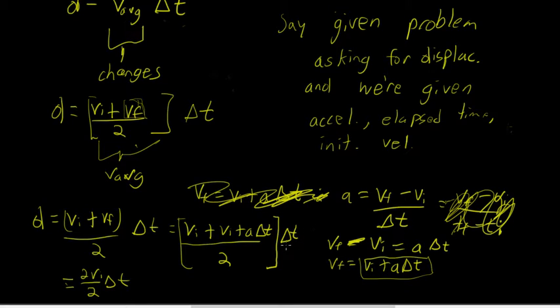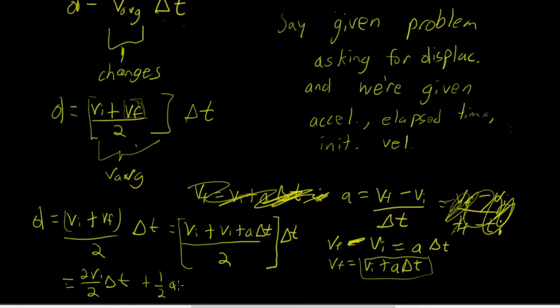This whole, everything's getting multiplied by delta t, right? So this is vi times delta t plus vi times delta t. So that's 2 vi over 2 times delta t. And then we have this portion here, a times delta t again, but it's also divided by 2.